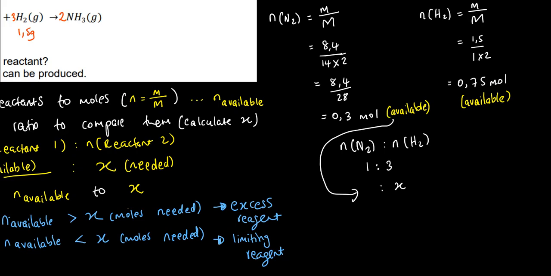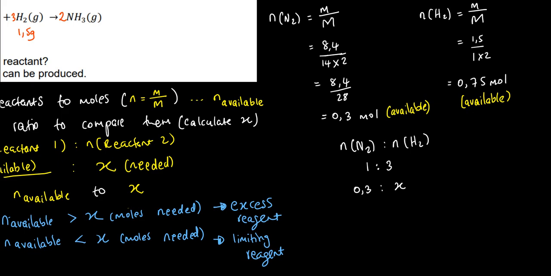Those are the available. Are we still together? Are we following? Great. Now, let's calculate X. I believe we know how to calculate X. It's cross multiplication. So X times 1 is going to be X. 0.3 times 3 is what?